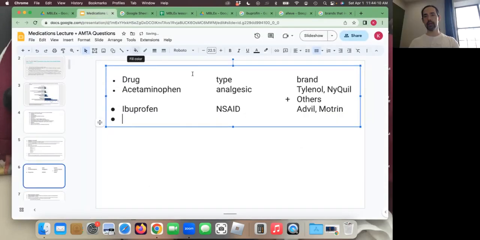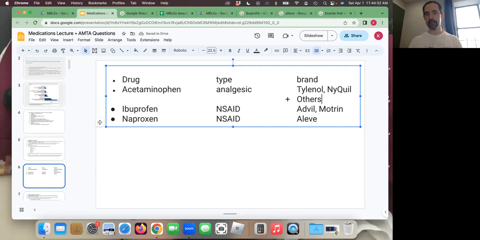We have this idea in our culture that we take Motrin for one thing and Advil for another thing, but they're both ibuprofen. And then there's naproxen, which is also an NSAID, and that's found in Aleve.